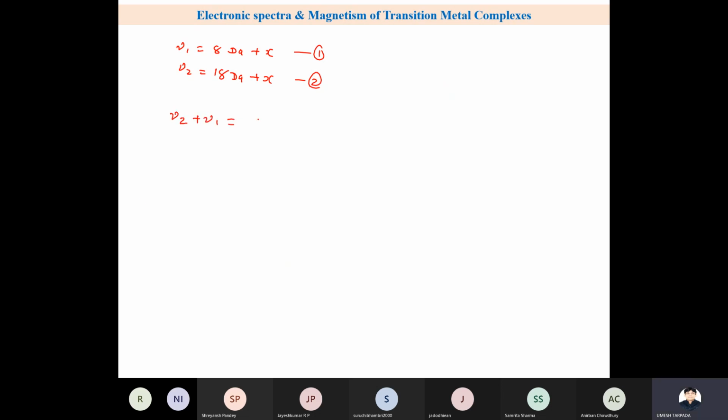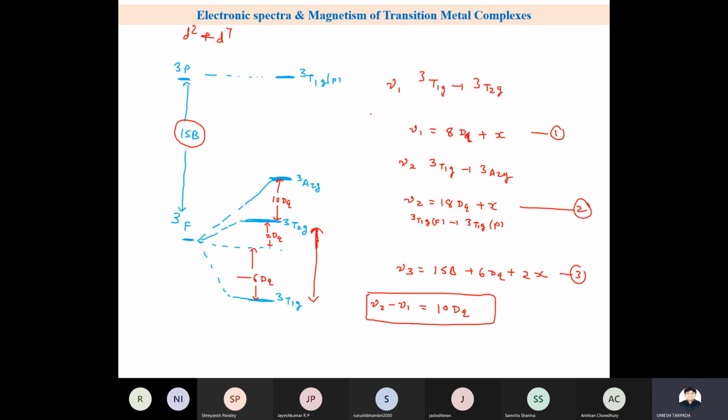What happens? 18 plus 8, that is 26 dq. x plus x is 2x. This is called your equation number 4.